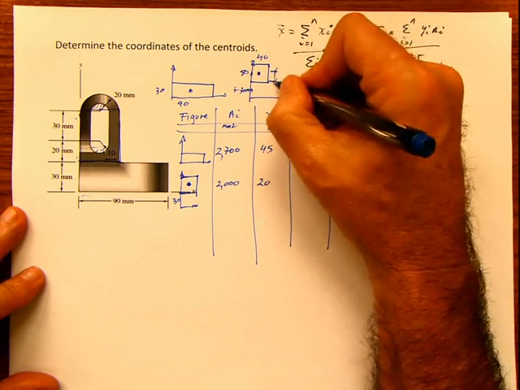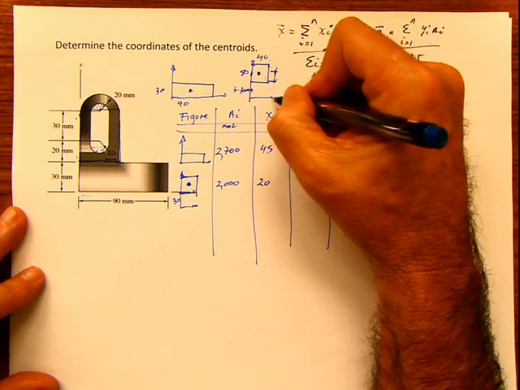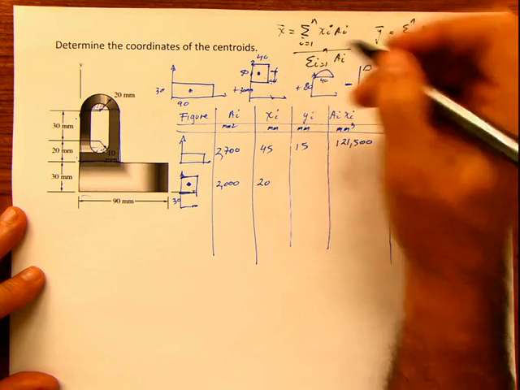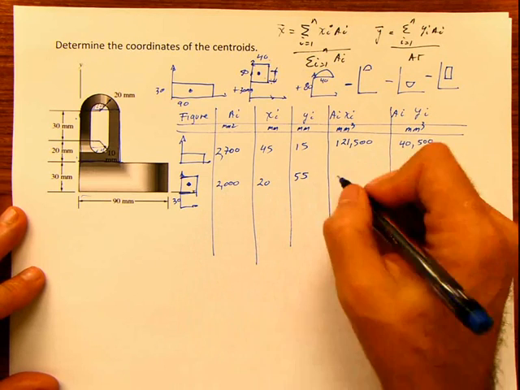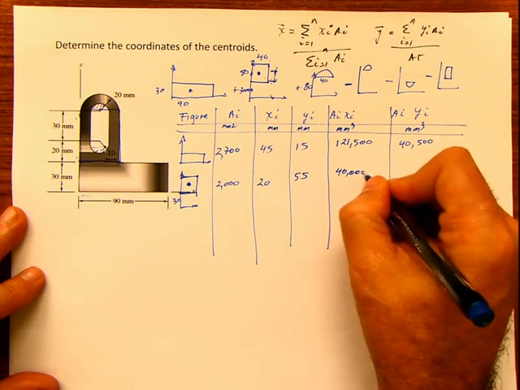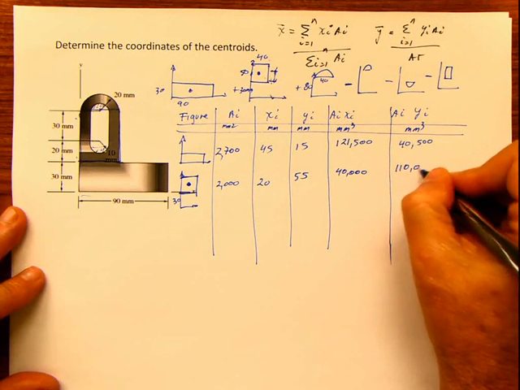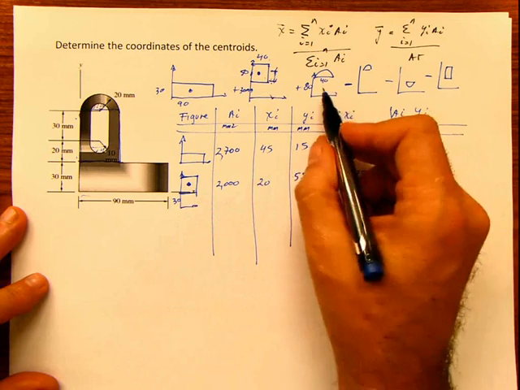This is 25 because this is 50. Then it's 25 plus 30, because remember I have to measure it from this axis, so 25 plus 30 is 55. Multiply this times this, 40,000. Multiply this times this, 110,000. There you go.